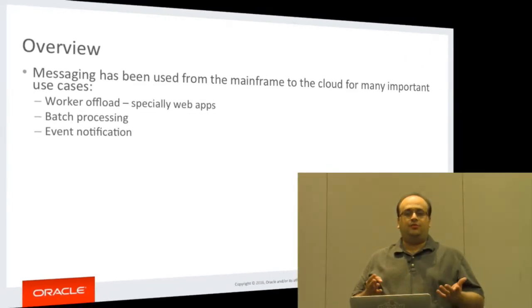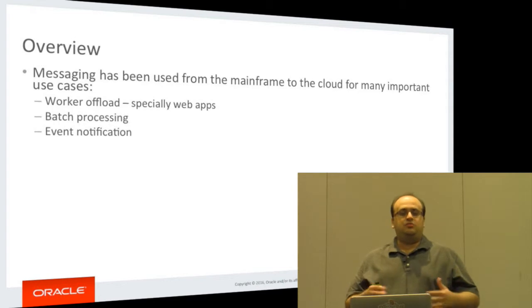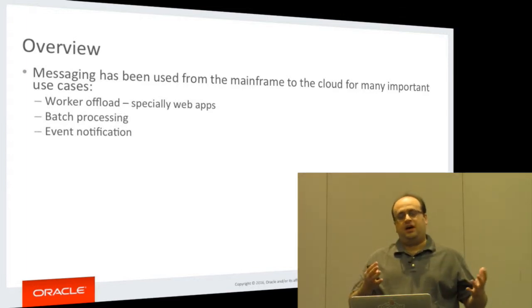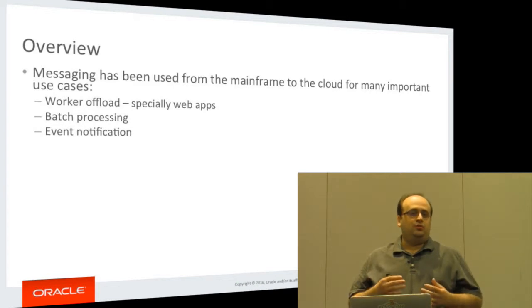And the reason why you do that is because messaging continues to be a very good solution for many problems. For example, for work offload problems, for batch processing, and especially for event notifications. So this is applications and devices talking to each other through a broker.